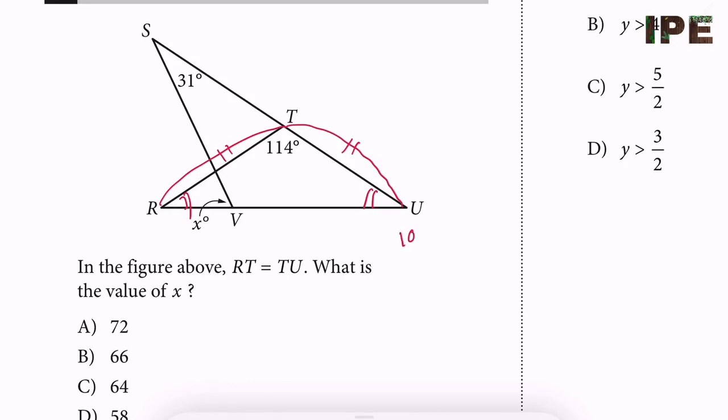So 180 minus 114 is 66 degrees, the sum of these two base angles. And an isosceles triangle has the same base angles, so that divided by 2 is 33 degrees. So this angle is 33 degrees, and this is 33 as well.